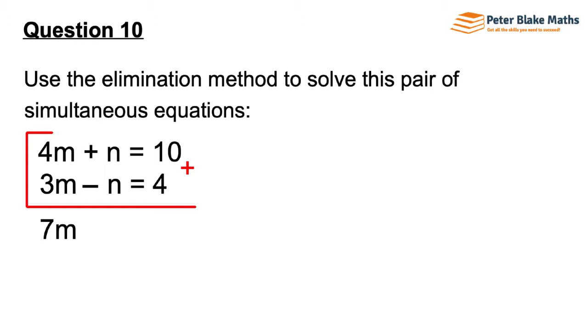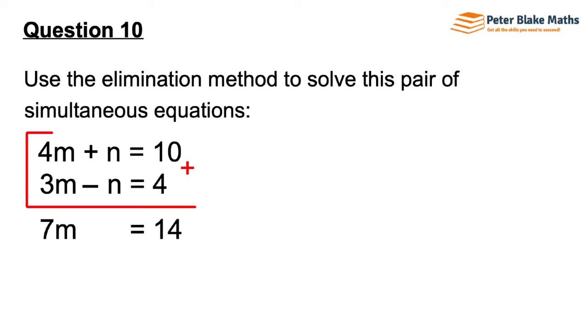And then we're going to work on the n's. If I had plus n plus minus n, the plus minus that are together will end up being a minus. In the end we'd have a plus n minus n, which will cancel out, so we're going to not write the n's in for the next line, and the right hand side is just 10 plus 4.